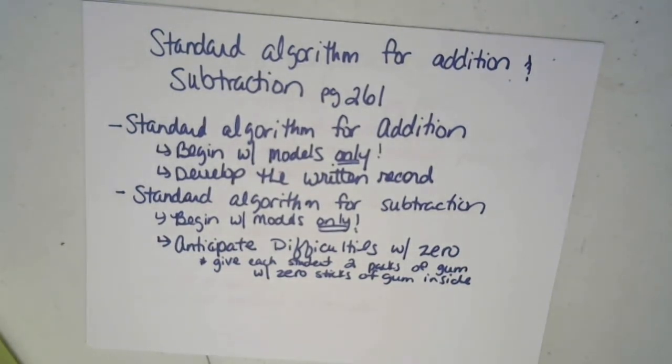You're trading a $10 bill for 10 ones. You're trading a $100 bill for 10 tens. And when you think about it as trading, you know that that's gone. We now have a new beast. Whereas with regrouping and borrowing or carrying, we never understood that that beast that was called the 10 is now 10 ones, or that beast that was called 100 is now 10 tens. So when you call it trading, you can understand that I now have something new.